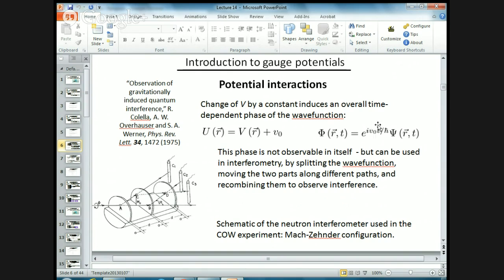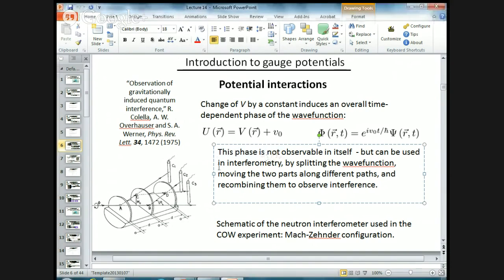So if V naught is the constant, and you have an original potential V and a wave function psi, then if you add V0 to V, the new wave function is just the original wave function psi times an overall constant. It's not observable in itself, but it's very helpful to keep this in mind when thinking about certain types of interferometry.